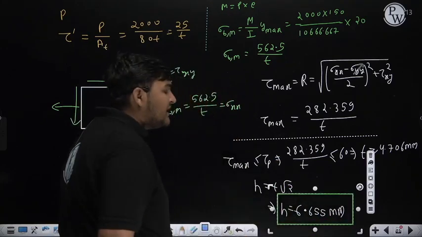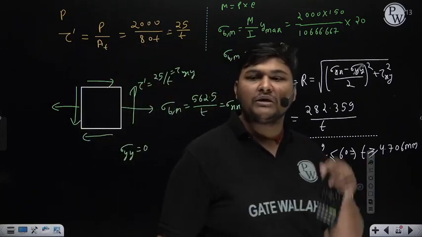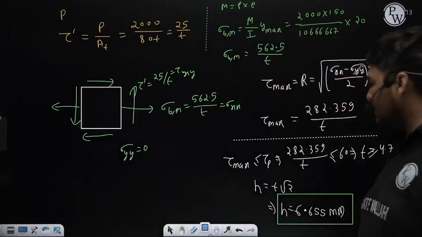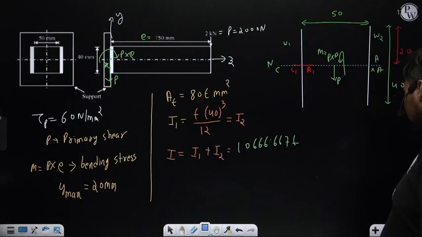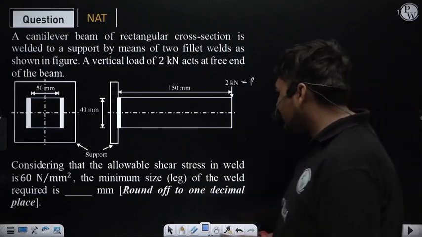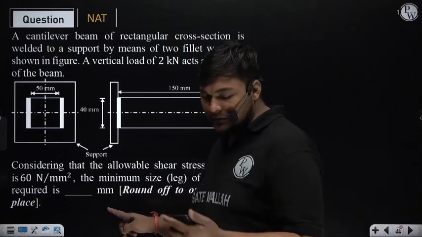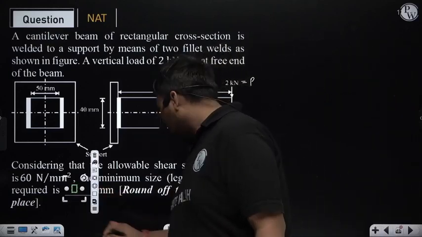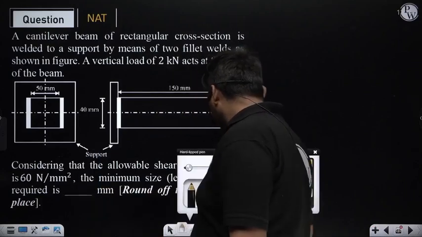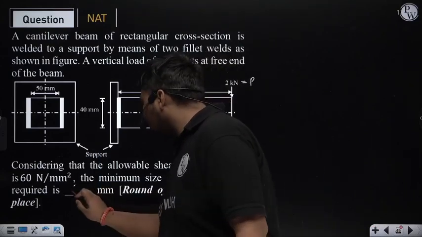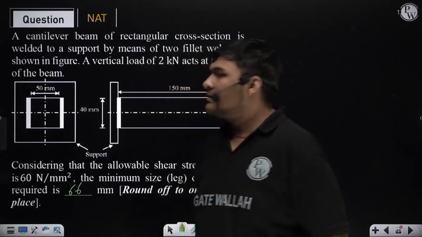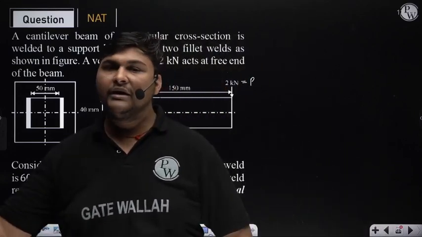Means you can also say it is the minimum required value of leg. So limiting value of leg is 6.655 mm. The examiner is asking to round off to 1 decimal place. So if you round off to 1 decimal place, it will be 6.6 mm. So it is the limiting value of leg for this question.